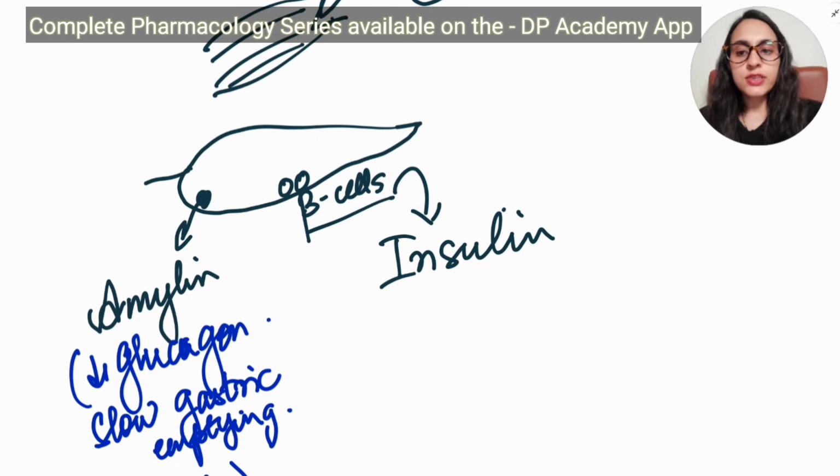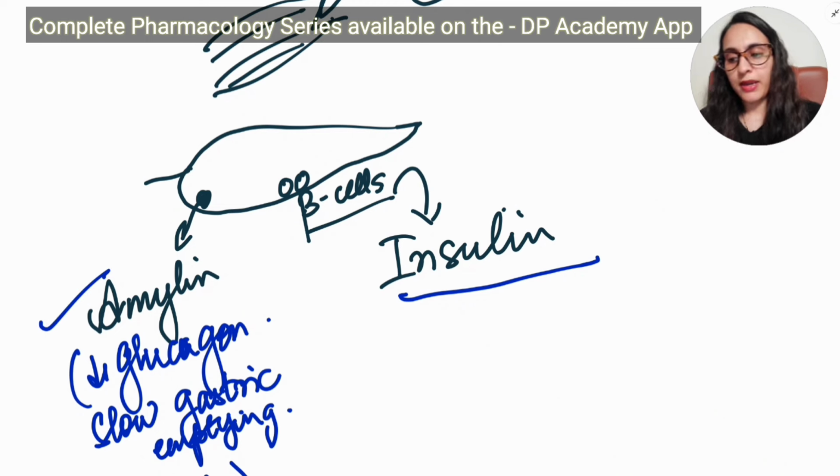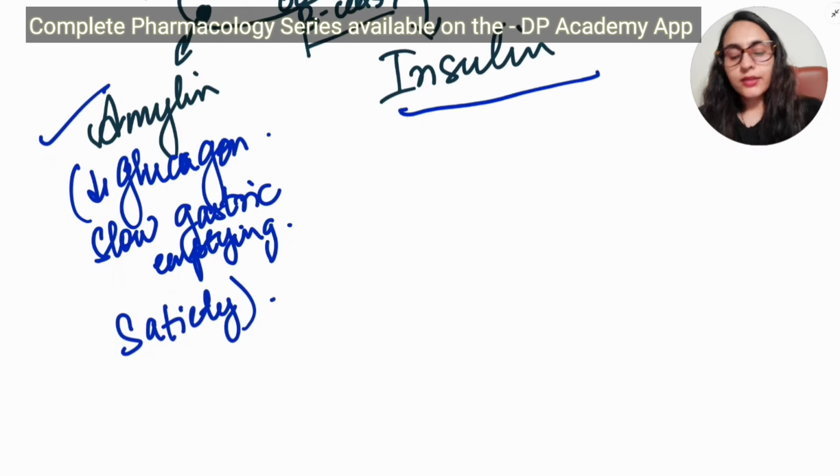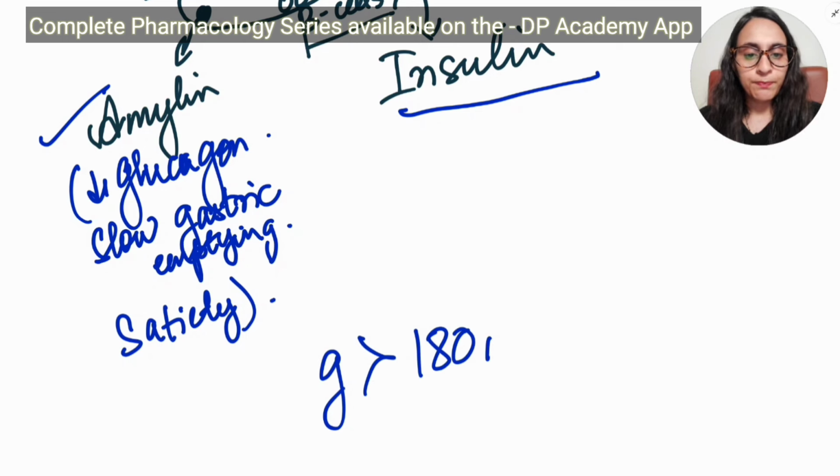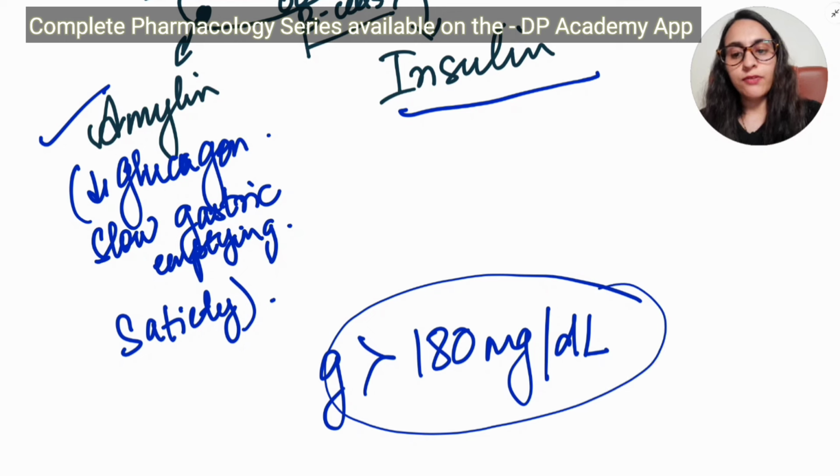So when the blood glucose is high, we see two things: release of insulin and release of amylin. Another thing is, if glucose is high in the blood, it also comes into the urine. When the glucose is more than 180 milligram per deciliter, it will come into the urine via the kidneys.